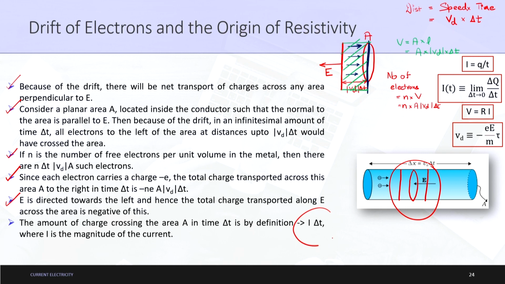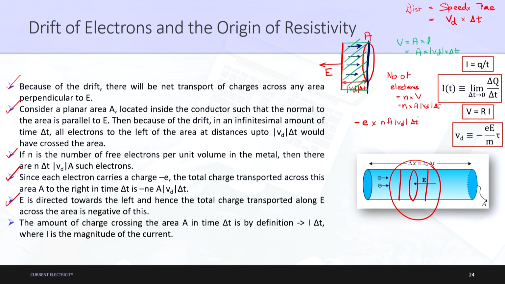So, now please remember this equation also, because now comes the mathematical formulation. First of all, we found that the amount of charge transported through that area A is nothing but minus e multiplied by n A |v_d| delta t.